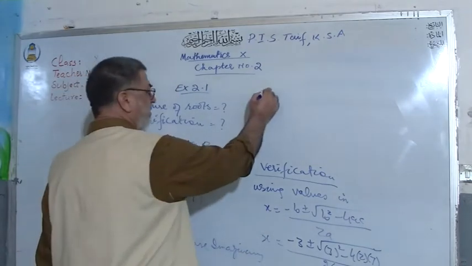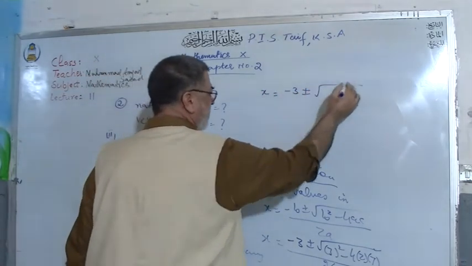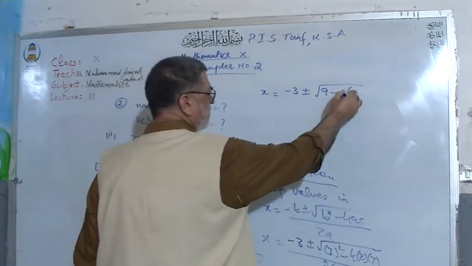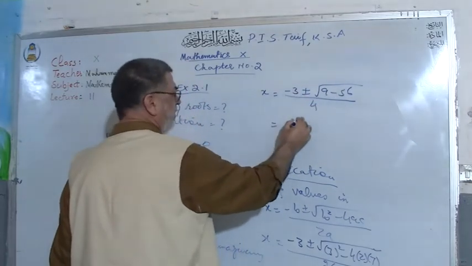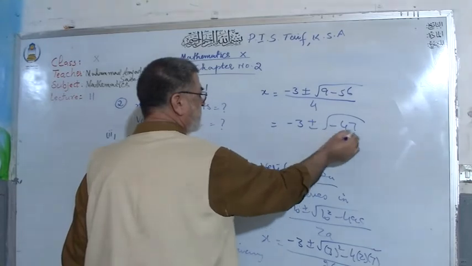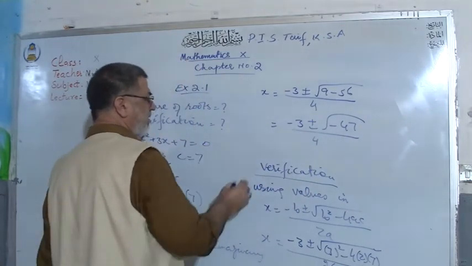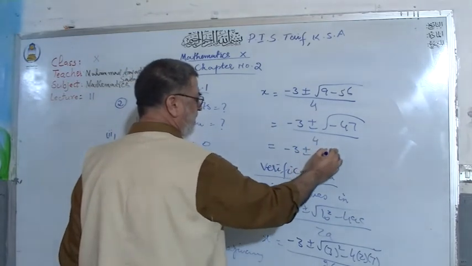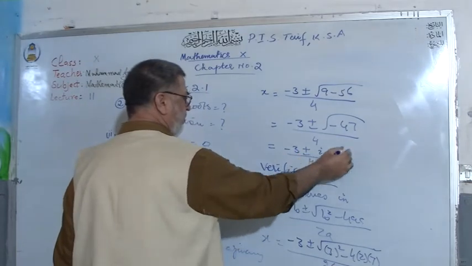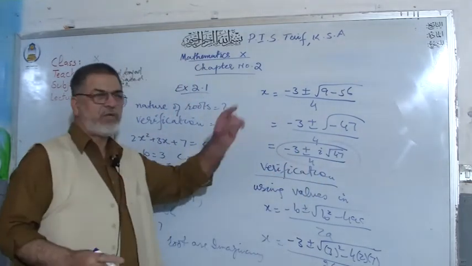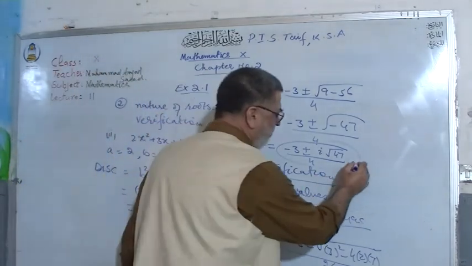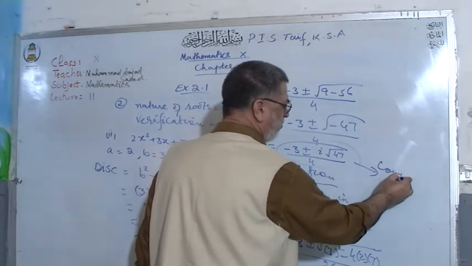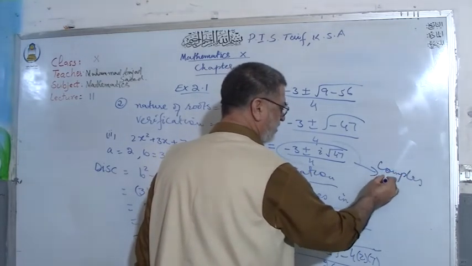Here we will have x is equal to minus 3 plus minus square root of 9 minus 56 over 4, minus 3 plus minus square root of minus 47 over 4. And dear students, you can check, this will be square root of minus 1, which is iota, times square root of 47 over 4. You can check in your answer, iota is involved. So confirmation true. Yes, roots are complex or imaginary.